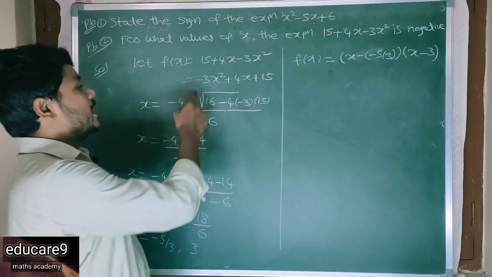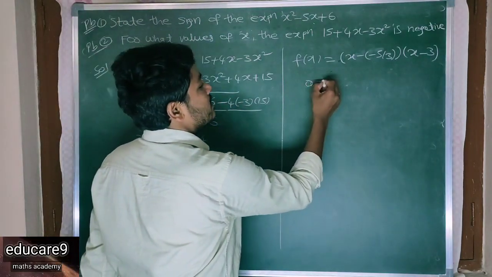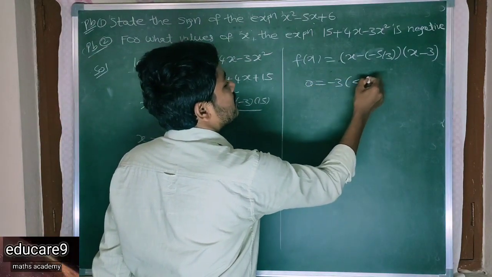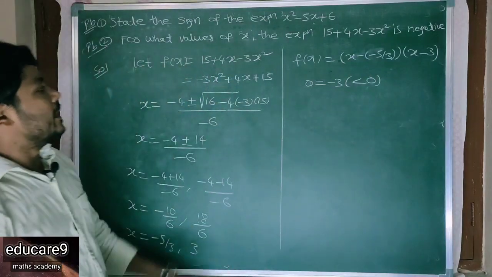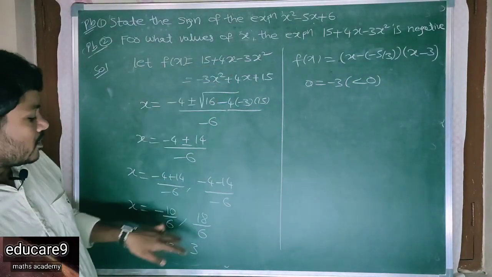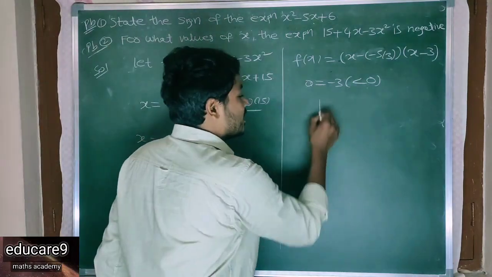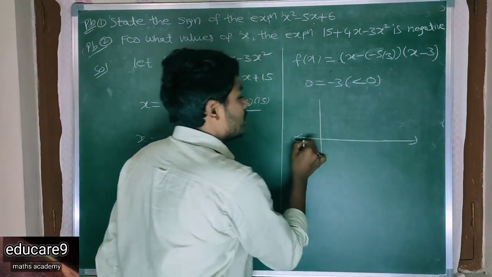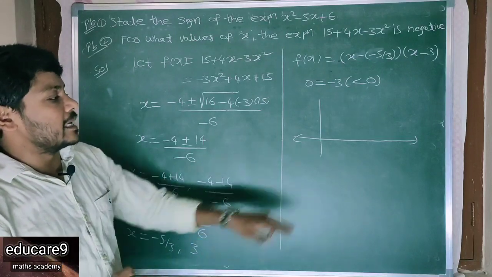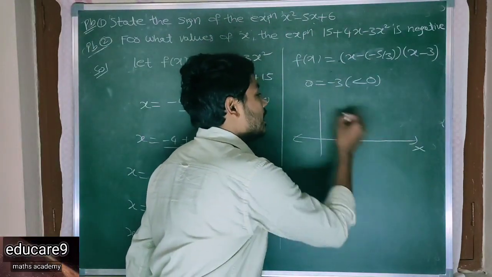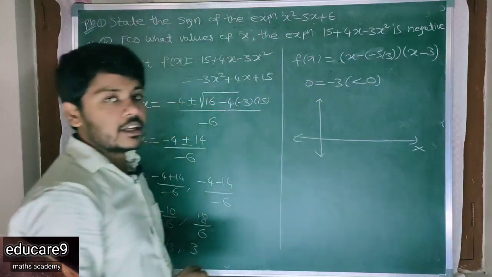See here, what is a value? a is equal to minus 3, that is less than 0. And this equation has two roots, minus 5 by 3 and 3. So clearly, in that case, the graph touches the x-axis at two distinct points.